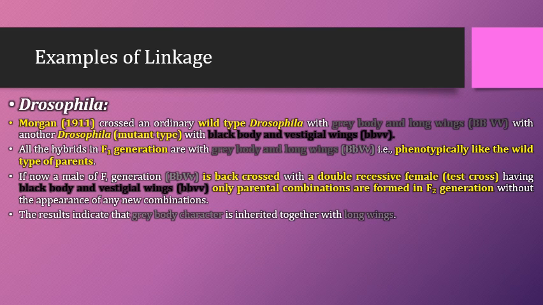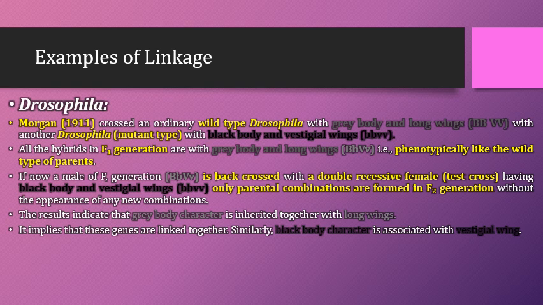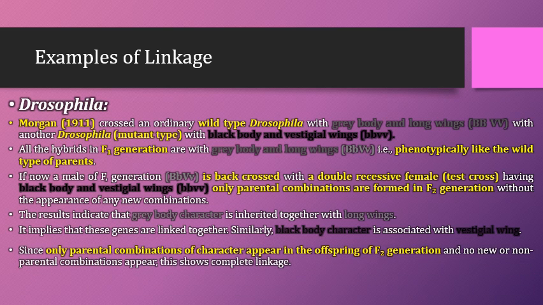The results indicate that grey body character is inherited together with long wings. It implies that these genes are linked together. Similarly, black body character is associated with the vestigial wings.